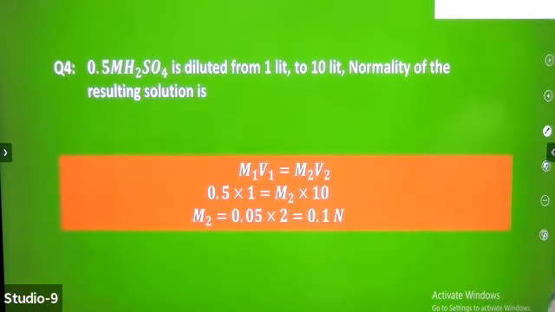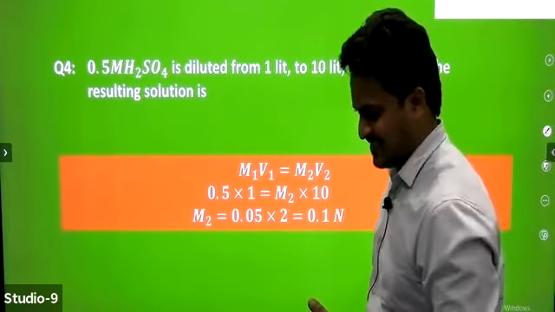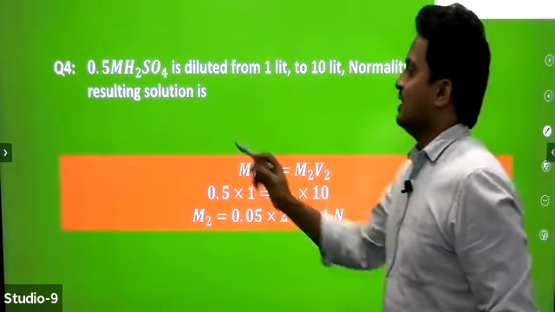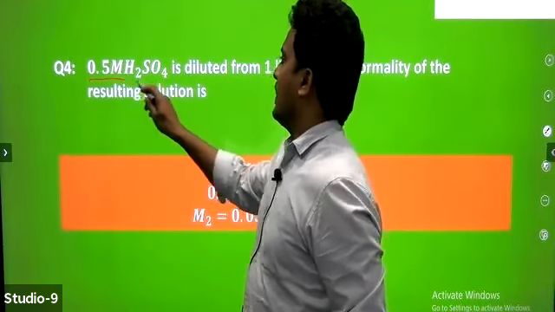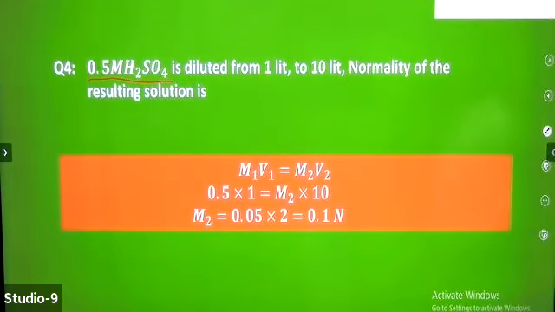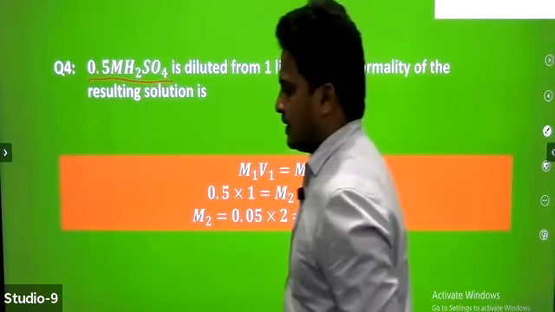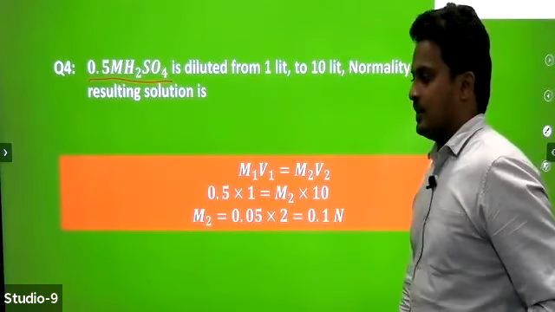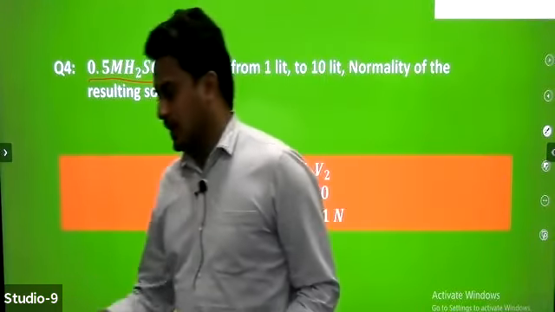Your answer is already given. Try to calculate it. 0.5 molar H2SO4 is diluted from 1 liter to 10 liter. Normality of the resulting solution is? 0.5 molar H2SO4 is given, which is diluted from 1 liter to 10 liter.